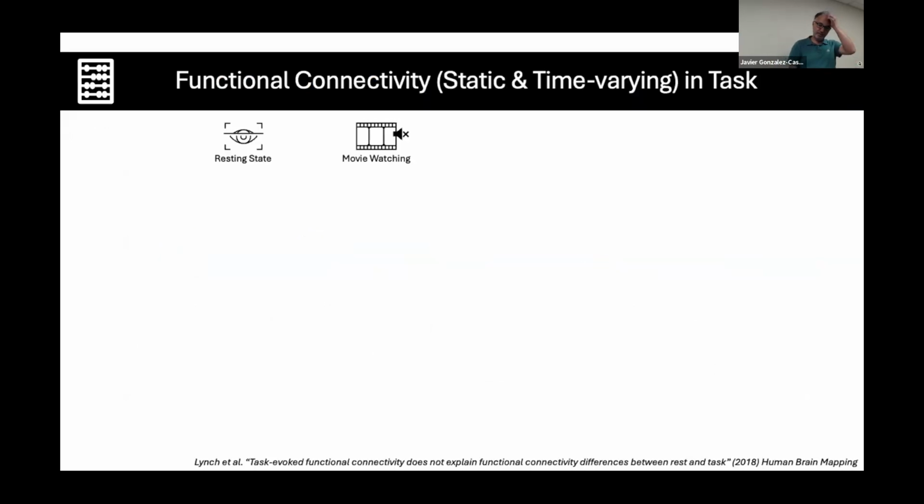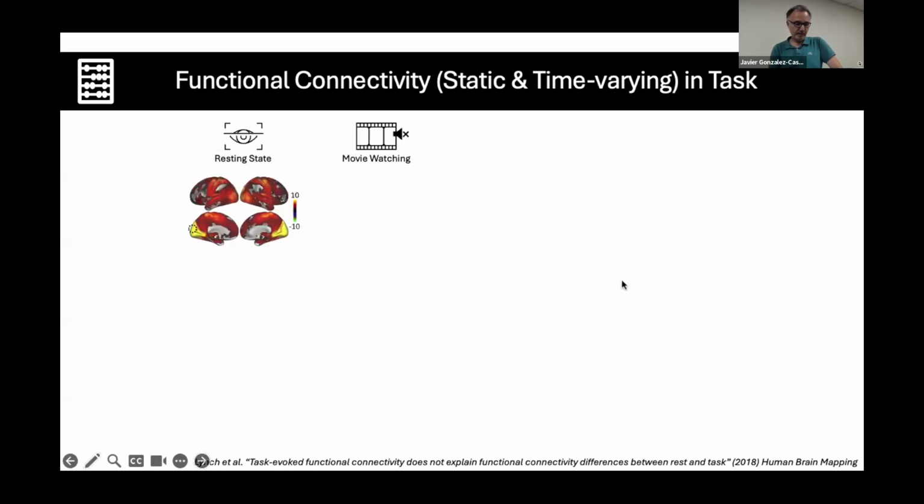So here is a study in which I think they scanned 10 subjects, both during resting state and during silent movie watching. We can take a seed in visual cortex, and this is static connectivity, okay? And look at the correlation of the signal in that voxel to every other voxel. This is one representative subject, I believe, and we get a connectivity map that makes sense.